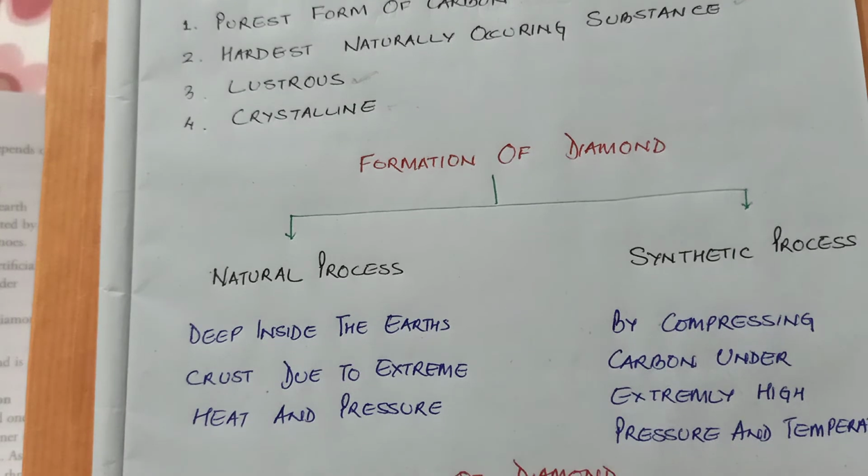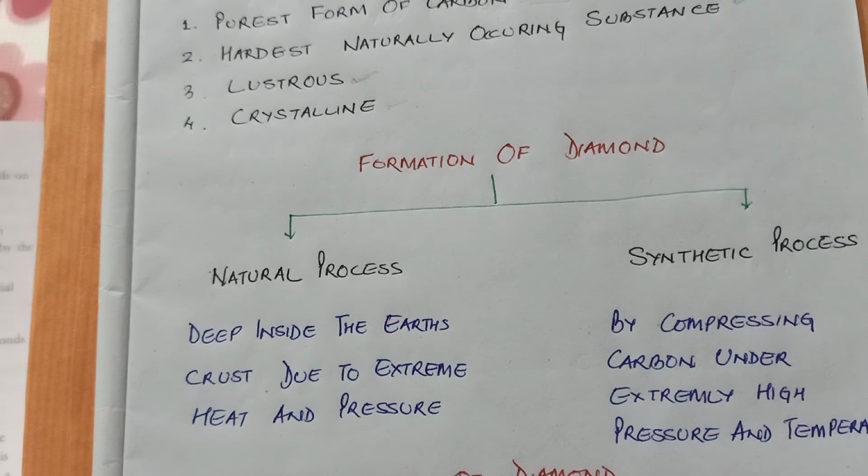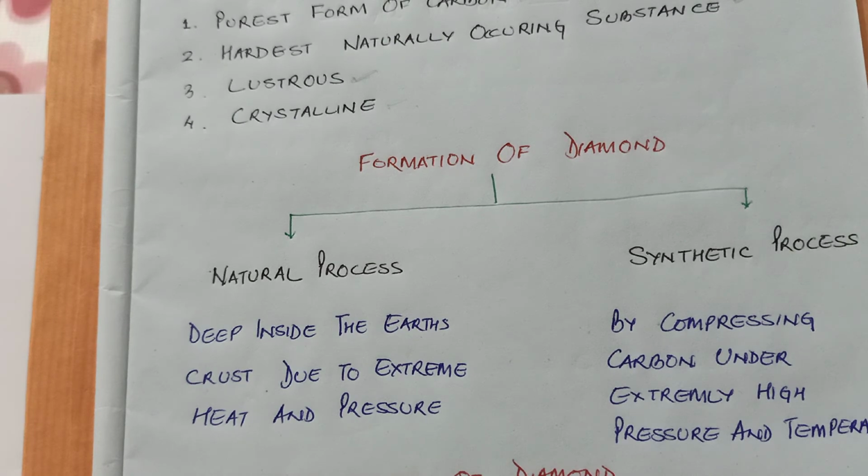This extreme heat and pressure compresses the naturally available carbon and converts it into diamond. This is the reason we get diamonds in the shafts of extinct volcanoes. It is a very dangerous, risky job to collect diamonds from these shafts, and that's why diamonds are very precious.